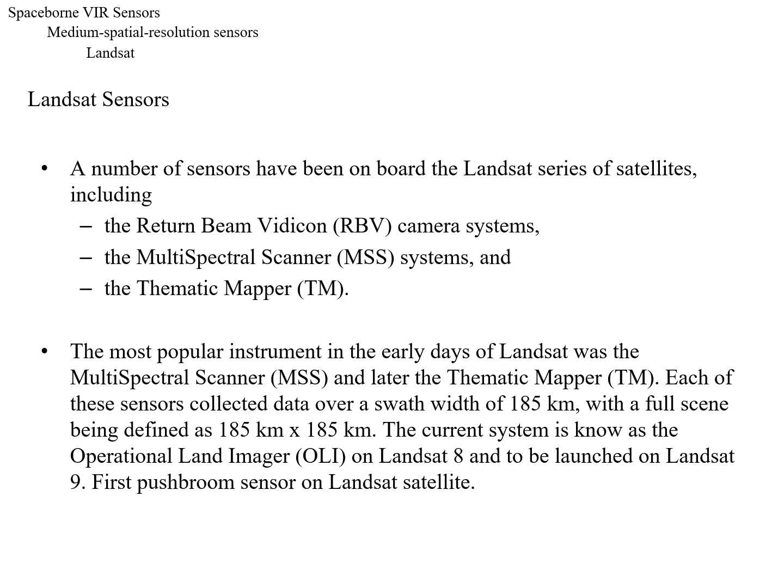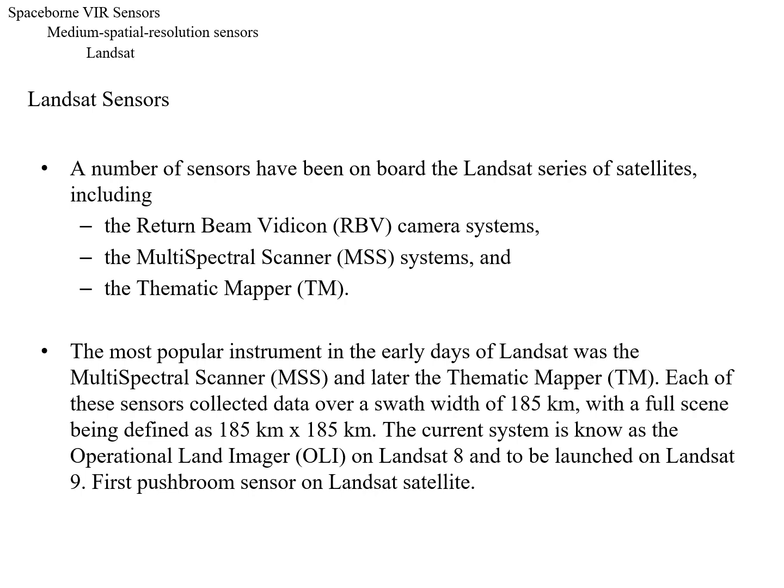But it turned out that the multispectral scanner, which is much more like a system that we would think of in terms of a scanning remote sensing system, was the one that people found very popular. And then later on Landsat 4, the thematic mapper, which is sort of an improved version of the multispectral scanner, was launched. So the most popular instrument in the early days was the multispectral scanner. Later you had the thematic mapper.